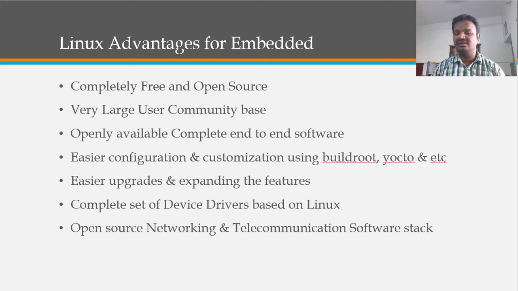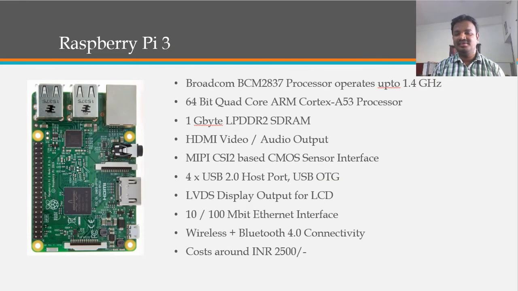Shall we move forward with the development kits available? We can do our embedded Linux development using a Raspberry Pi 3, which has the Broadcom BCM2837 processor, operating up to 1.4 GHz, a 64-bit quad-core ARM Cortex-A53 processor, and 1 GB of DDR2 memory.